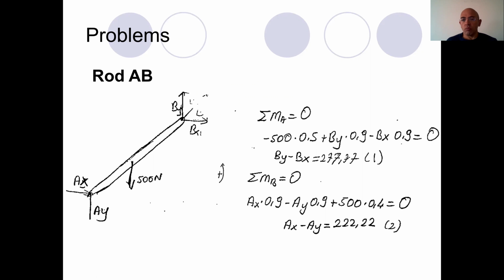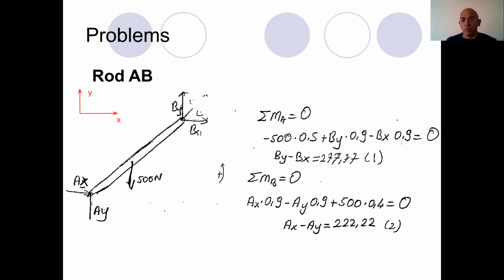We don't have any reaction moment because it can easily rotate around A. So we choose two axes, horizontal axis as X and vertical axis as Y. You can choose a different one, but this is our choice. In fact, we choose counterclockwise direction for the moment as positive.